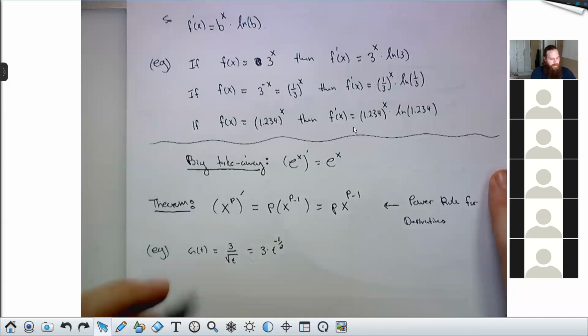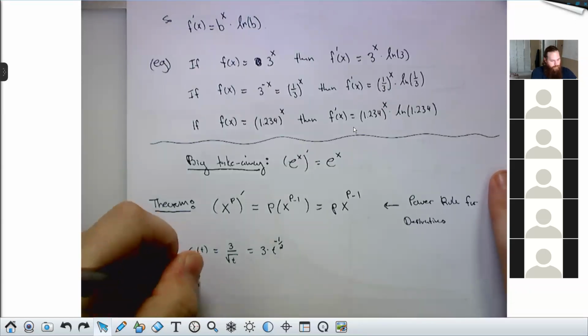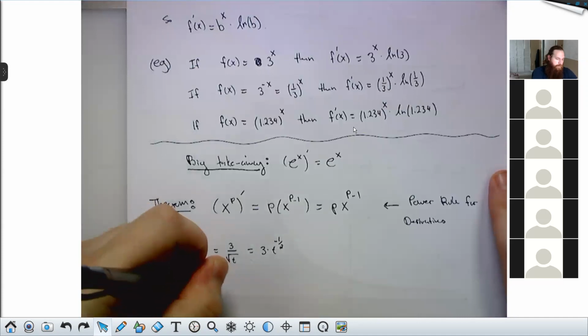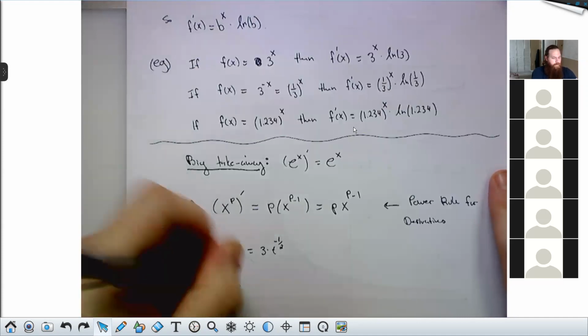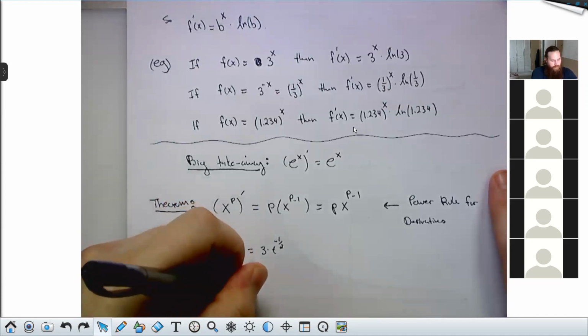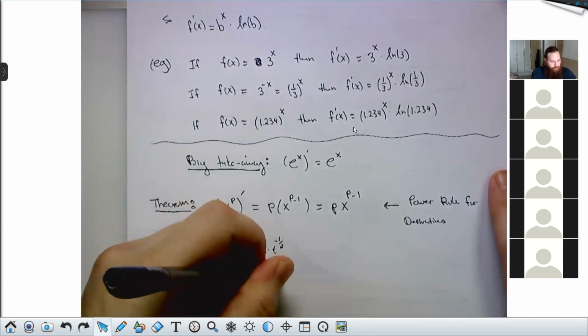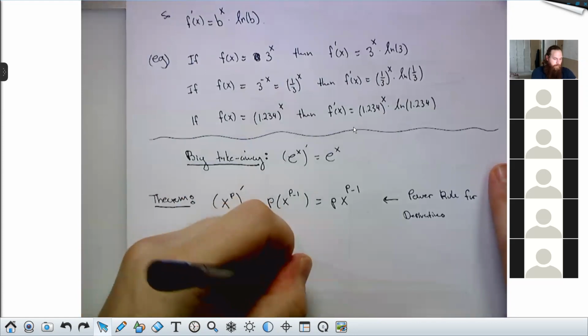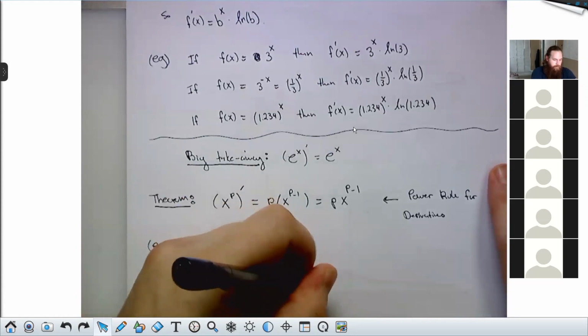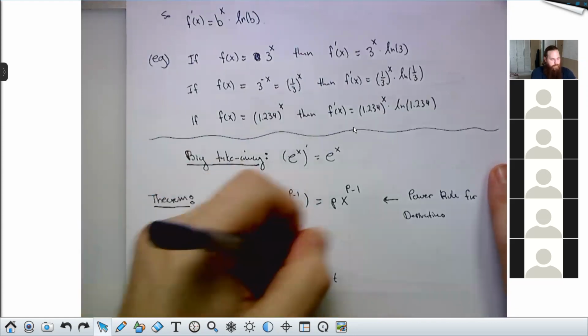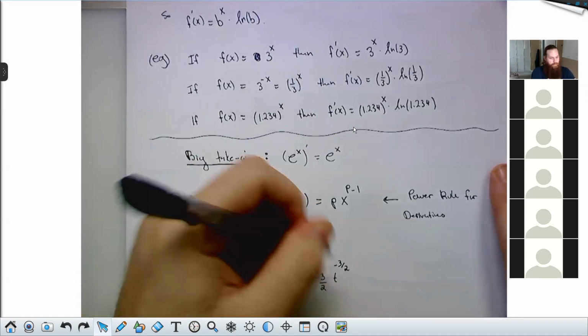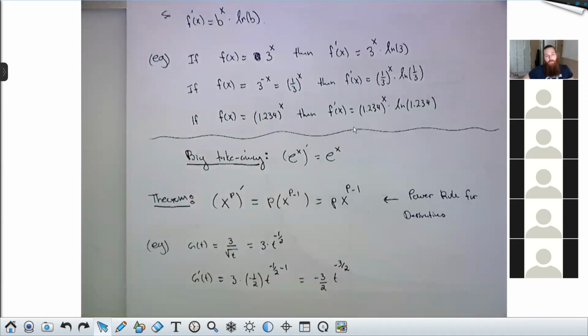And if I apply my power rule, the 3 is just going to come along for a ride, and then I'll get negative 1/2 times t to the negative 1/2 minus 1, which is negative 3/2, so negative 1/2 times t to the negative 3/2. How much faster is that? It's a lot faster.